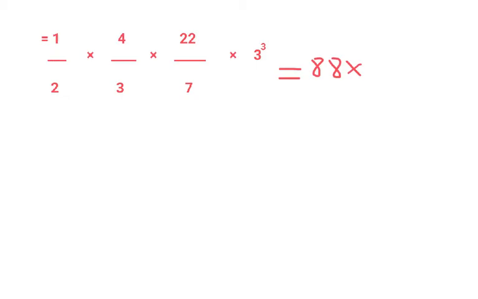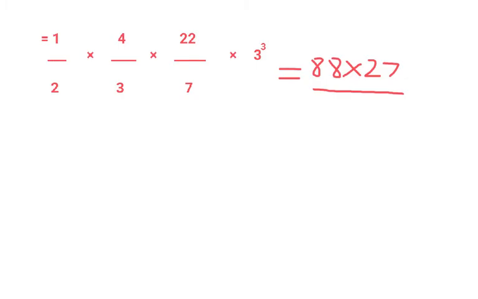88 times 3 cube. 3 cube is also the same thing as 3 times 3 times 3. And when you multiply 3 times 3 times 3, you get 27, over 2 times 3 times 7.